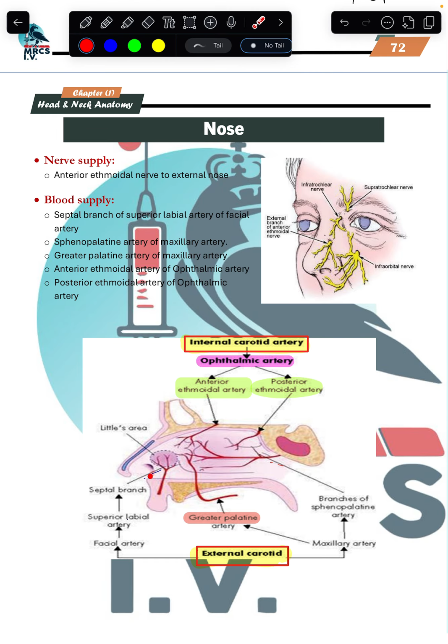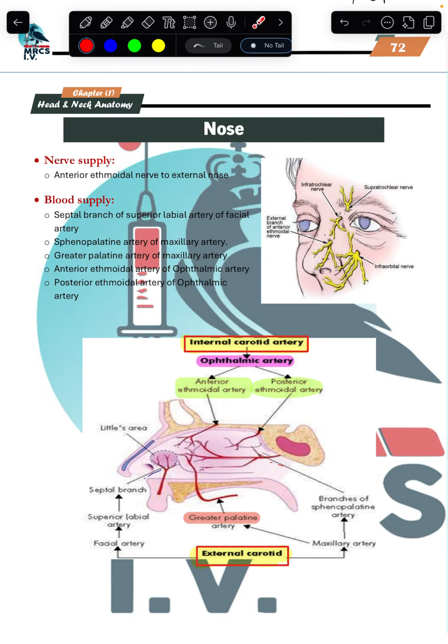This is the septal branch in the center, and the nasopalatine artery of the maxillary. From the sphenopalatine branch of the maxillary artery, then the greater palatine artery of the maxillary artery. Greater palatine, sphenopalatine.